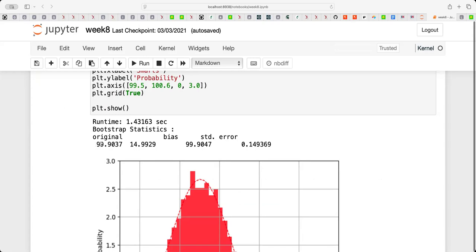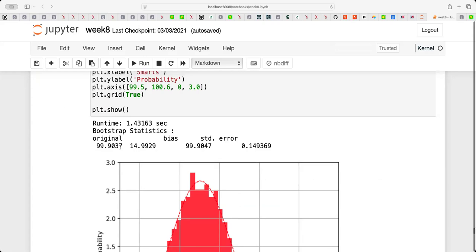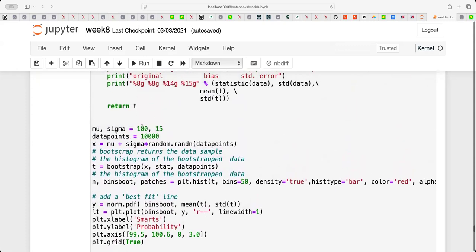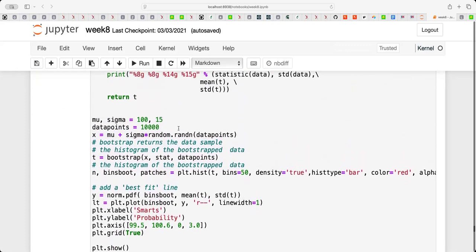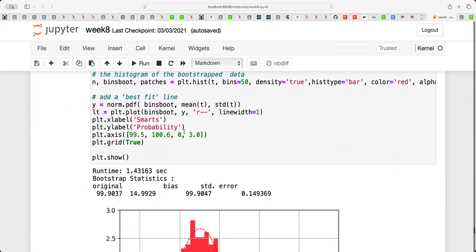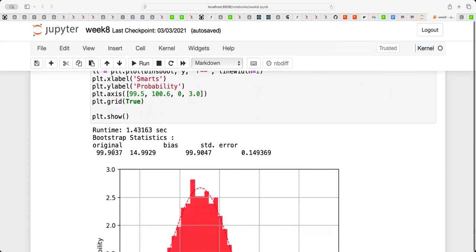So this is my first, the original one. Instead of 100, I'm getting something close. I fix these numbers, 15, when I call the function, but when I calculate the mean value, I'm calculating the mean of a sample. And it doesn't give me exactly 100. This is one thing we have to live with.